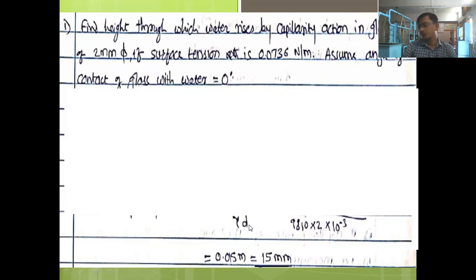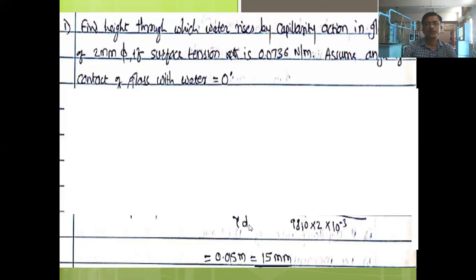Use the formula. What is the formula for H? H is equal to 4 sigma cos theta upon gamma d. Correct. Now put all the values.